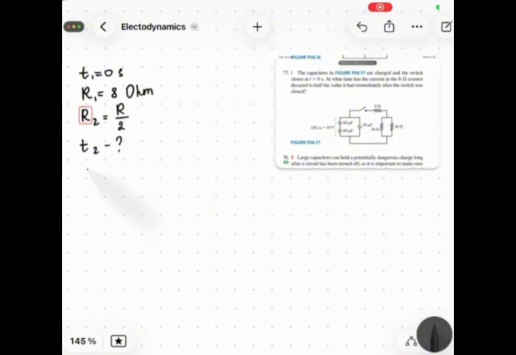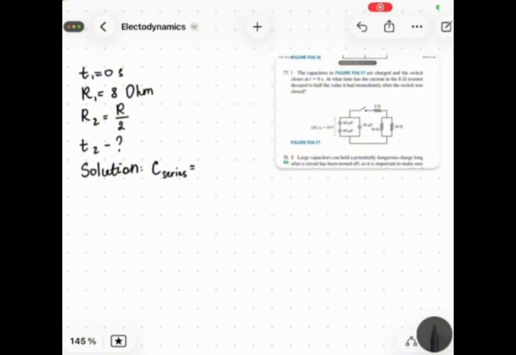We have a certain formula for that, as we probably all know: I equals half of I initial, I0. First I have to reduce the capacitors, exactly the series ones.